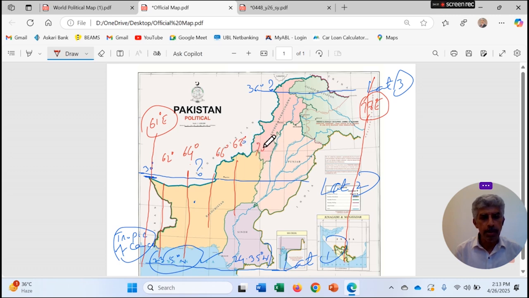This one is 70 degree. This one is 72 degree. This one is 74 degree. This one is 76 degree, and this one, the last one, is 78 degrees. So Pakistan is between 61 and 78.